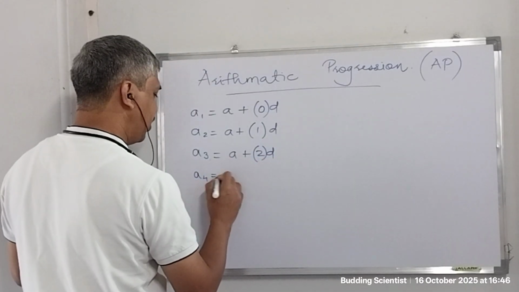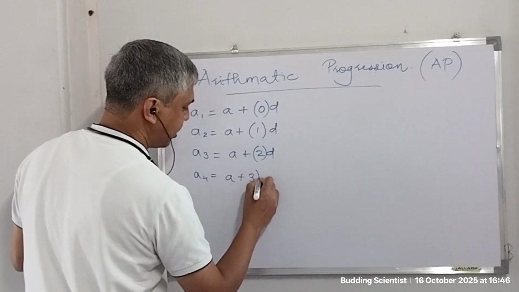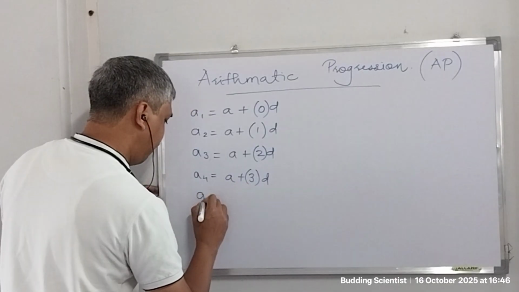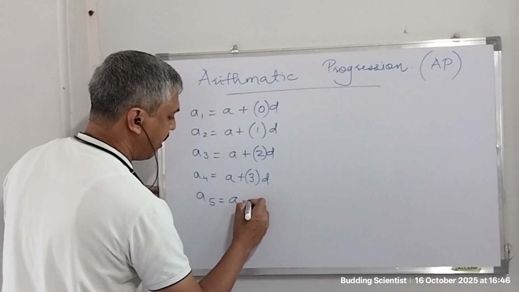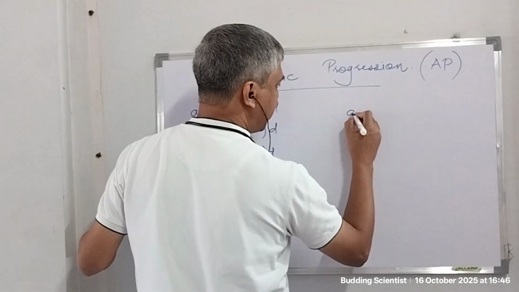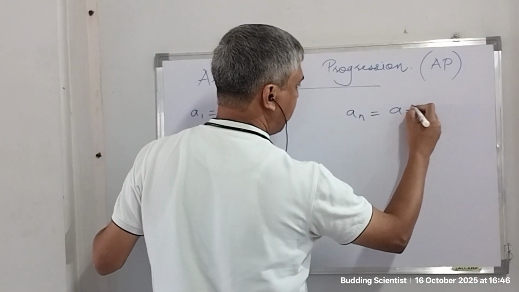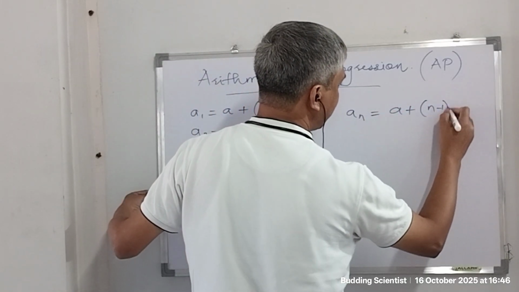A4 is equal to, one more D should be added, so A plus 3D. A5 will be equal to A plus 4D. In general, a general term An will be equal to A plus (n minus 1) into D.